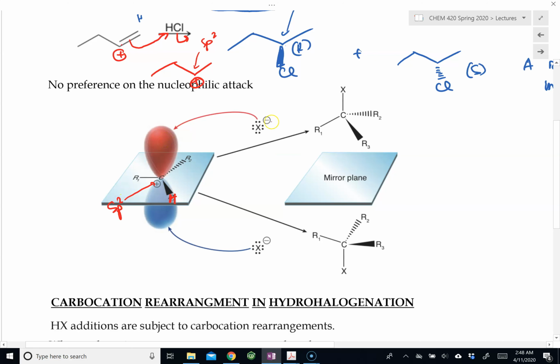And in the next step, where the nucleophile comes in to attack this electrophile, this carbocation right here, the nucleophile can either attack from the top or from the bottom. In this case, there's really no preference, because this is an achiral intermediate. So both the top and the bottom are equal in terms of steric hindrance, and therefore both would happen.